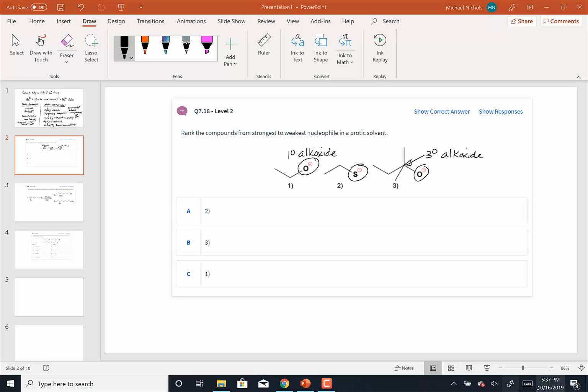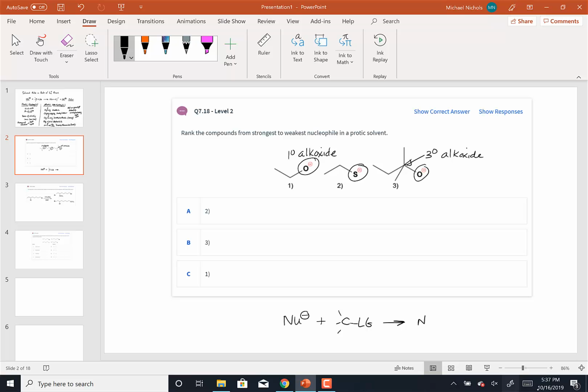And so what would the role of that be? Let's deal with the primary versus tertiary issue first. So in this reaction, we're going to take a nucleophile and have it react with a carbon attached to a leaving group.